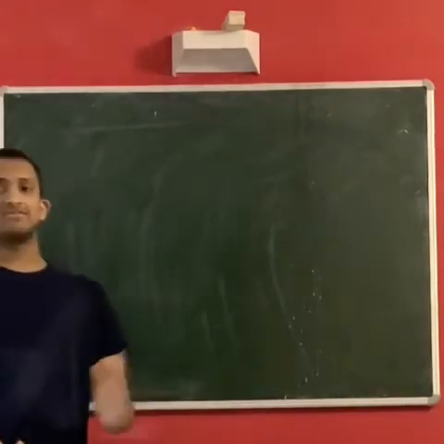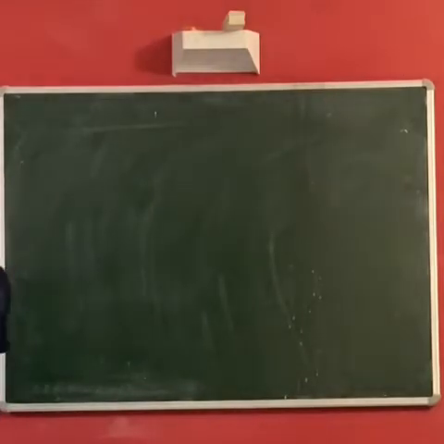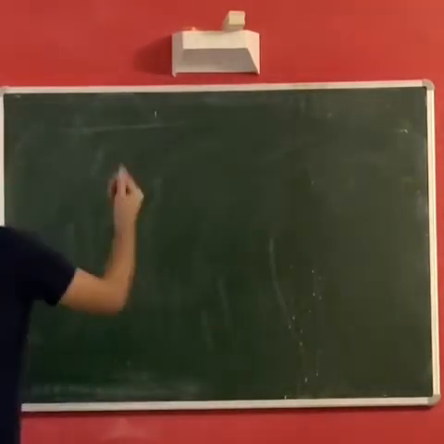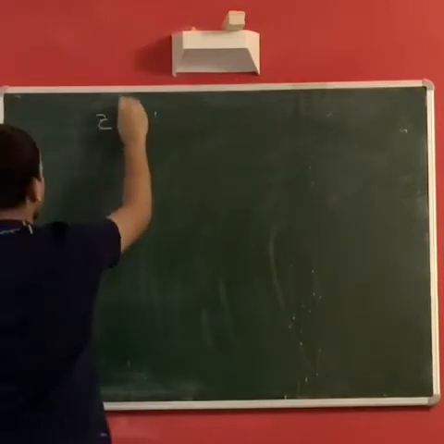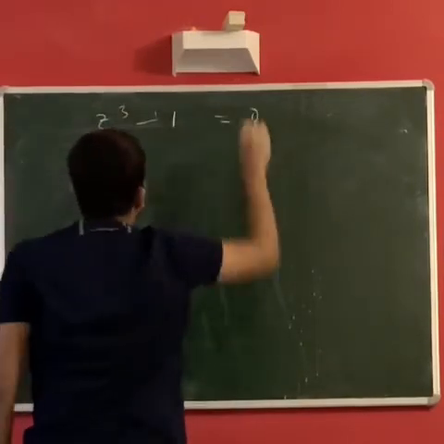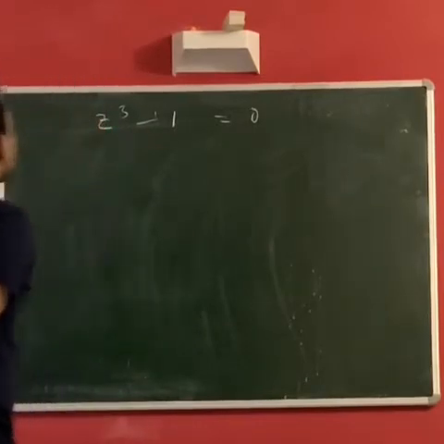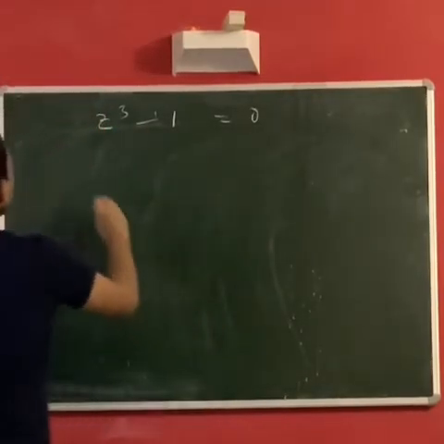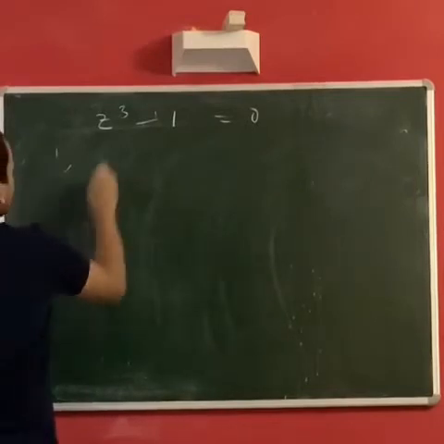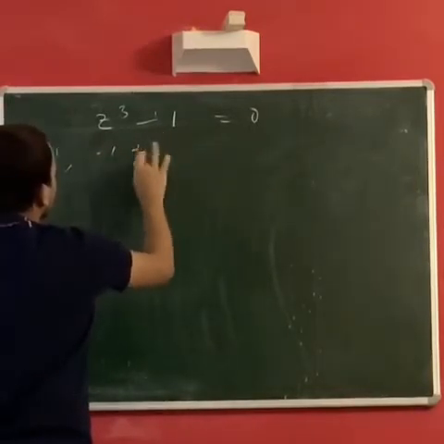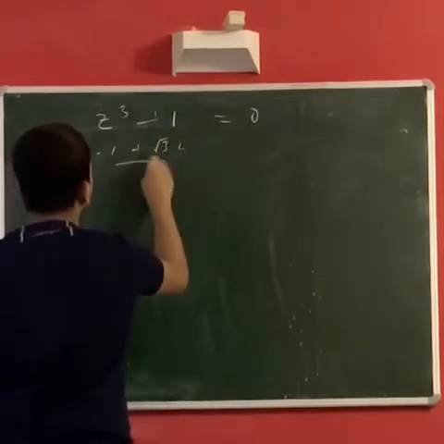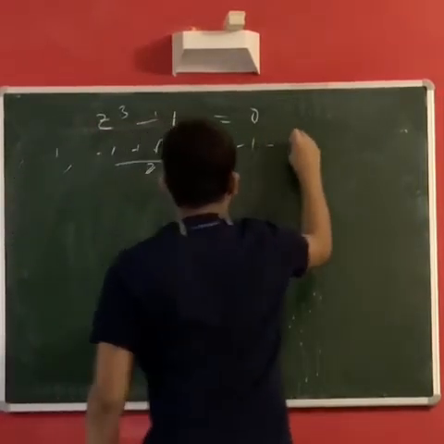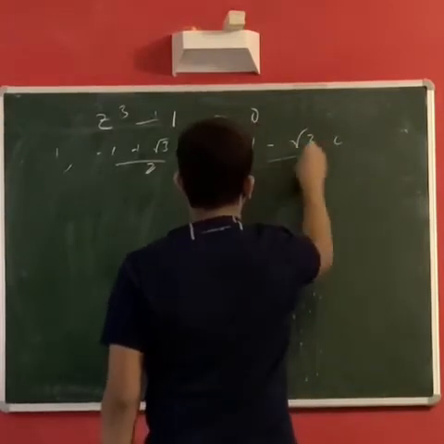So as I said, we will be continuing with the cube roots of unity and its application in algebraic identities. Let's just take a specific one, before which, let's recall what the whole cube roots of unity thing was. The solutions of z cube minus 1 equal to 0 are 1, minus 1 plus root 3 i by 2, and minus 1 minus root 3 i by 2.